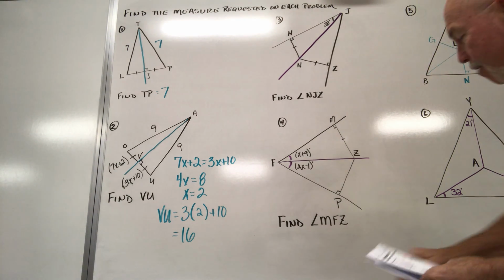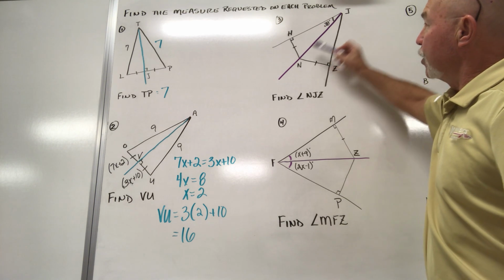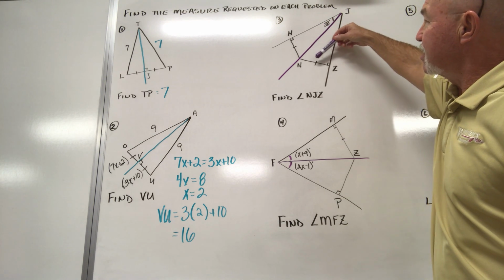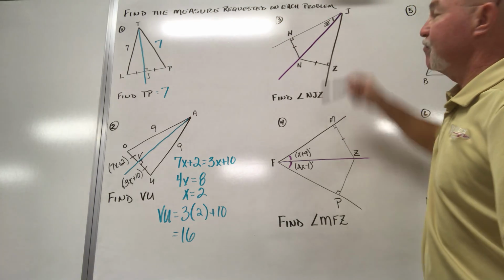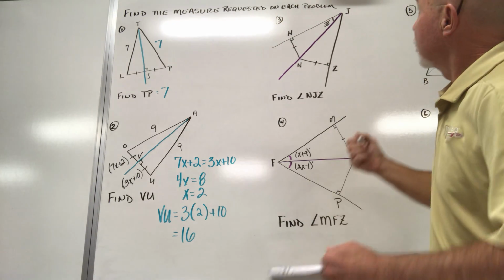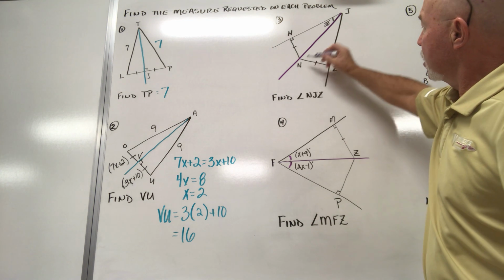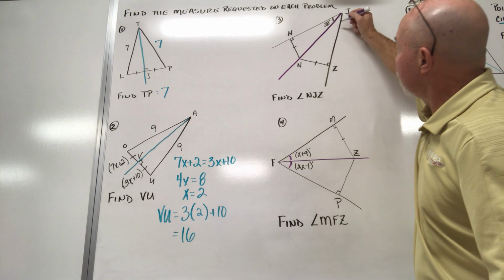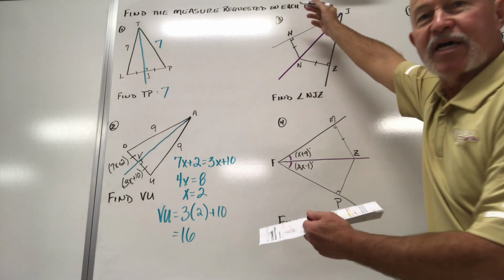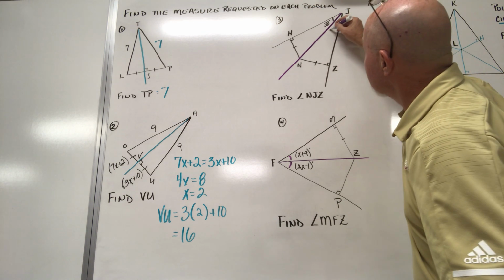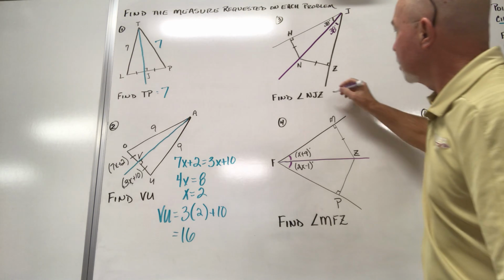Our next two problems deal with angle bisectors. Okay, we know it's an angle bisector because it is equidistant from the sides of the angle. So, if I want the measure of angle NJZ, this one right here, I know, because it's an angle bisector, that has to be the same measure.